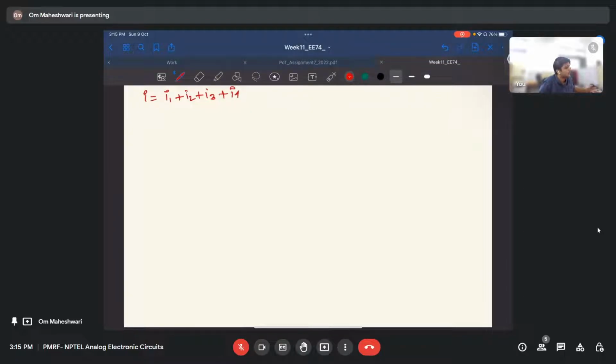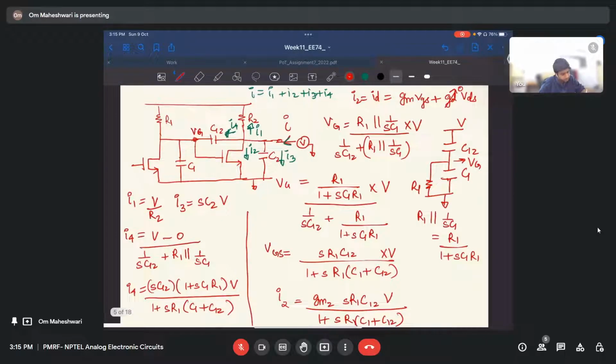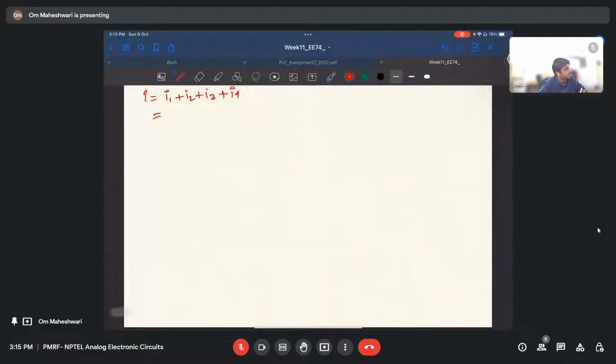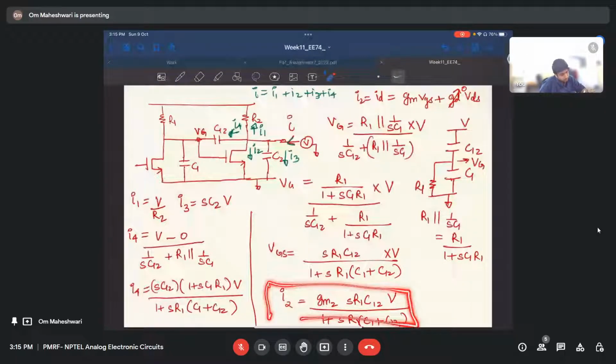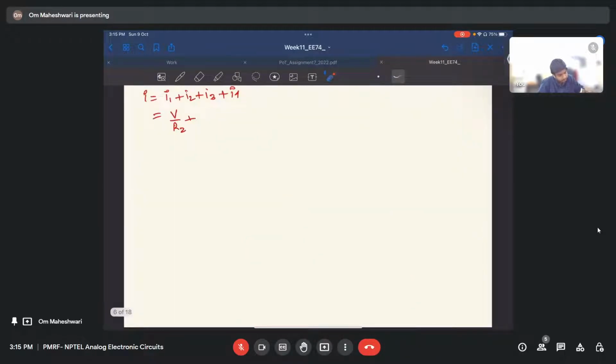So let me write them. It equals I1, which was this current, V by R2. I2 is this current that is flowing through the MOSFET. So I'll write plus GM2 SC12 R1 times V whole upon 1 plus S R1 C1 plus C12.